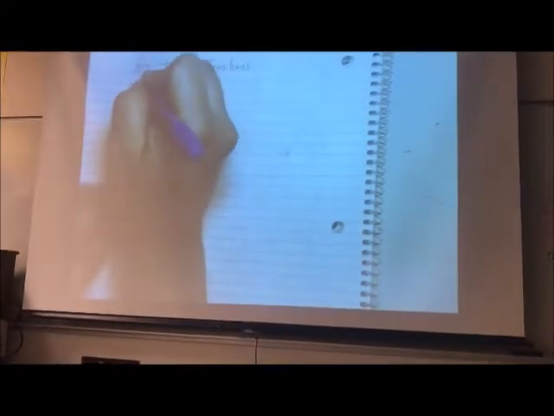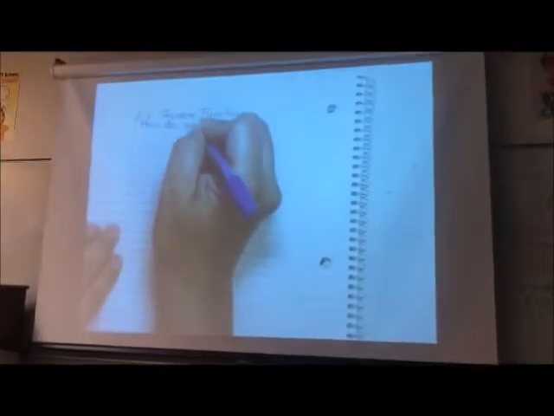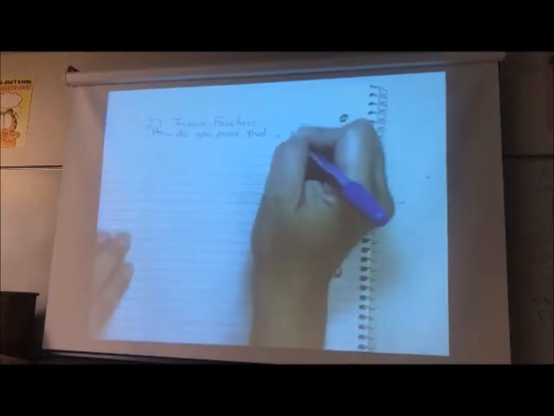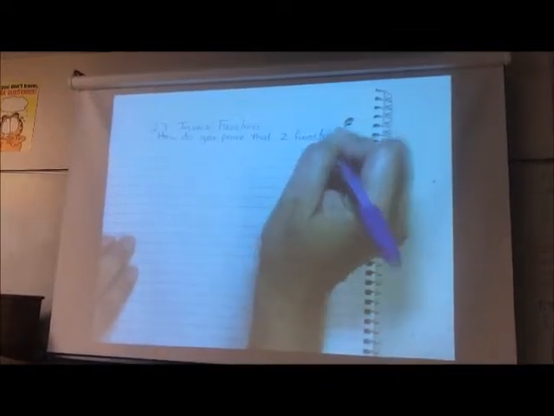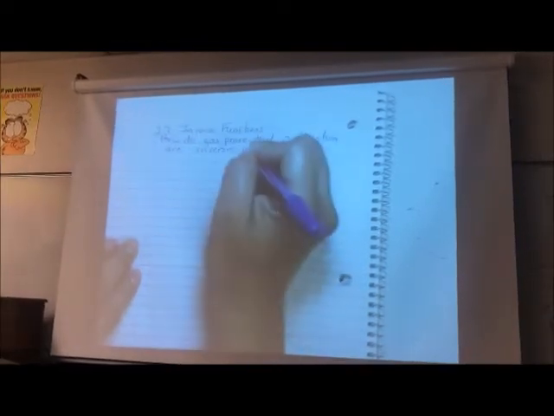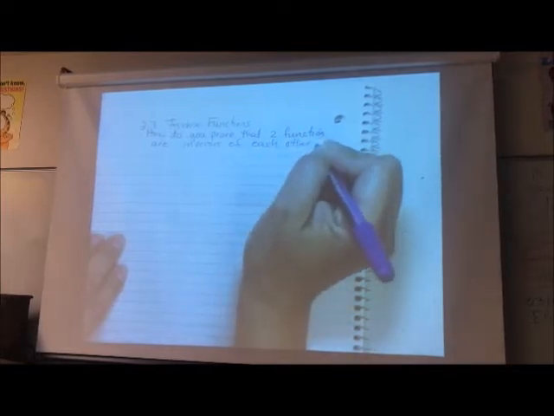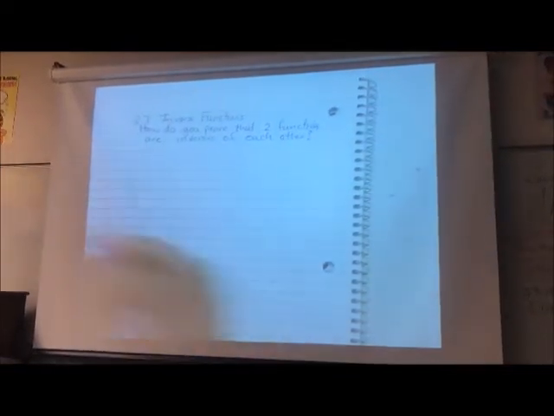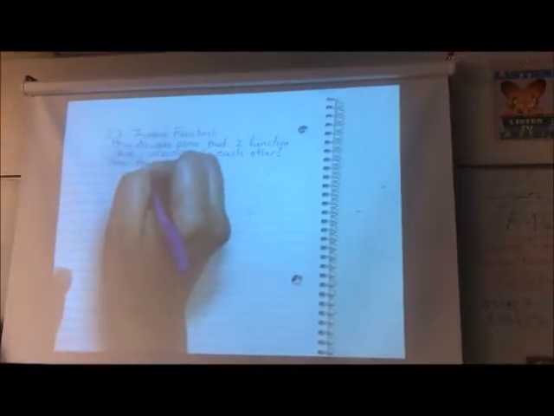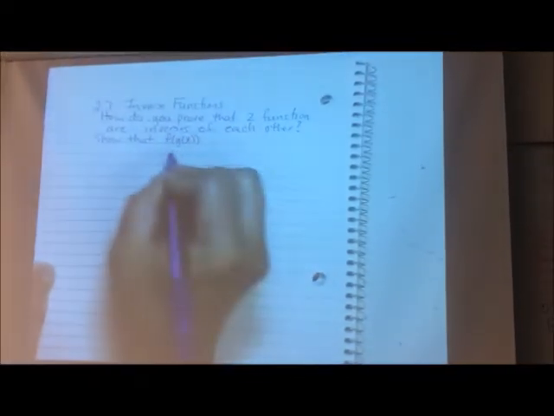Now, how do you prove that two functions are inverses of each other? Something that we covered in the previous section. Show that f of g of x, remember seeing that before?